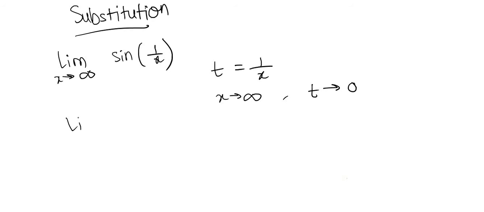So I can totally rewrite this question as the limit as t approaches 0 of sine of t, because that's what I've defined t to be. I mean, these two mean the same thing. Just change the variables, and when I change the variables, the limit needed to be changed as well. So yeah, you can solve this. This is easy. 0. You can just substitute that inside.